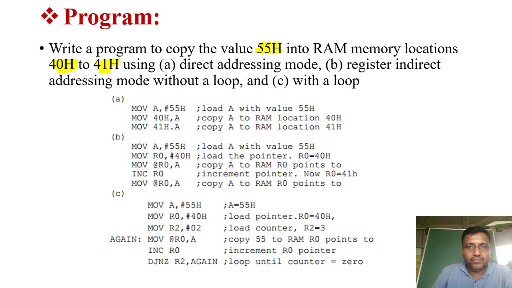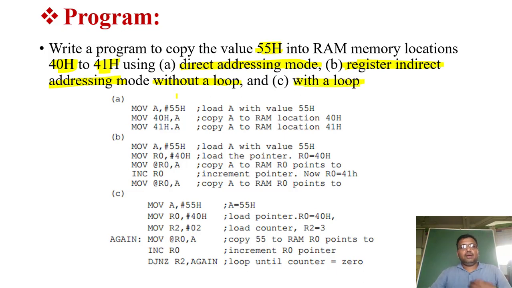So we need to copy 55H to 40H and 41H. There are two memory locations. We need to copy this same value using different addressing modes. First, we follow the direct addressing mode. Second, the register indirect addressing mode, without a loop, and also with a loop as well.